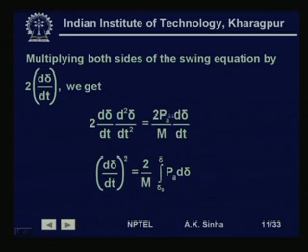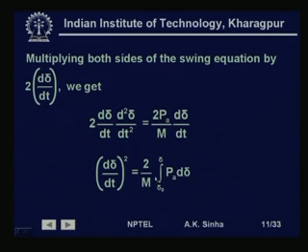Now, if we integrate this with respect to t, we get d delta by dt square is equal to 2 by m integral from the initial operating point delta 0 to the final operating point delta of Pa d delta.